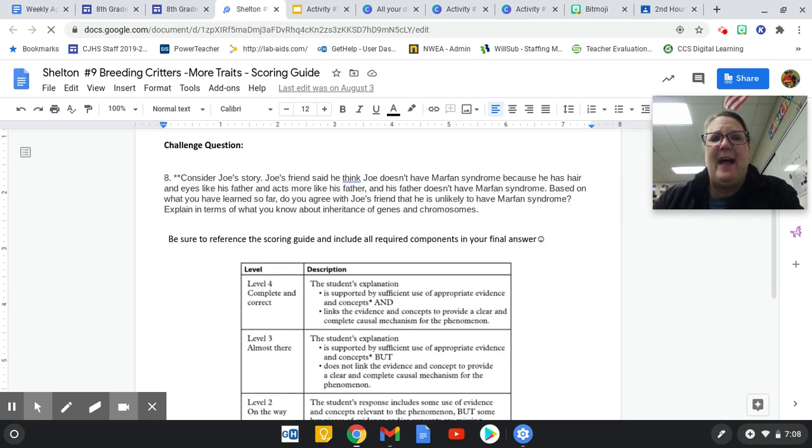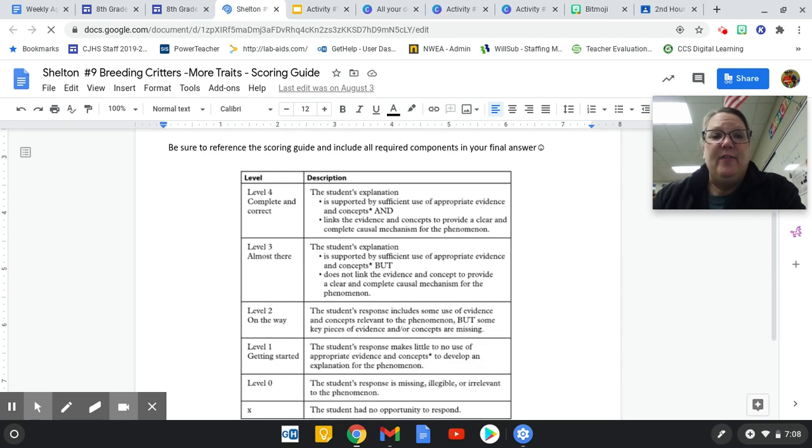It's very important that before you answer the question that you reference this rubric. This rubric is what I use to assess or grade you. And so in order to get a score of a level 4 or complete and correct, your explanation, in other words your answer, needs to be supported by sufficient use of appropriate evidence and concepts.